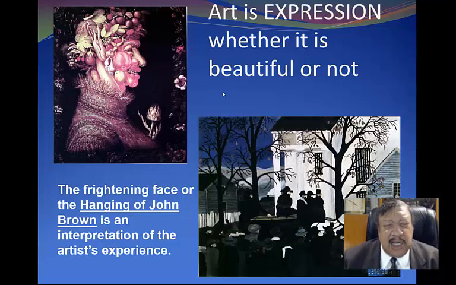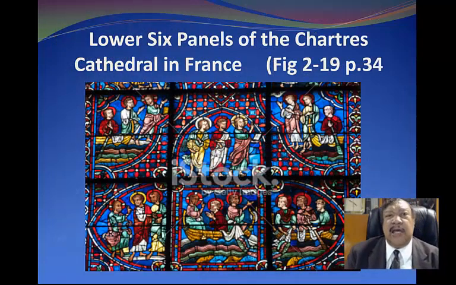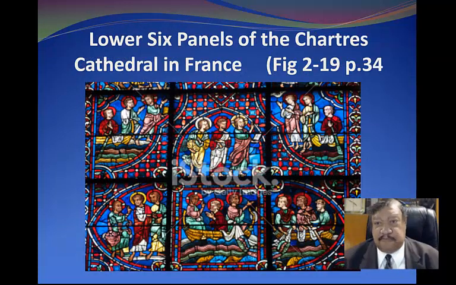So here we see artwork, and we need to ask the question, why does this look like it looks? Now, in our textbook on page 34, you see figure 2-19. The Chartres Cathedral is in France, one of the most beautiful cathedrals in the world.